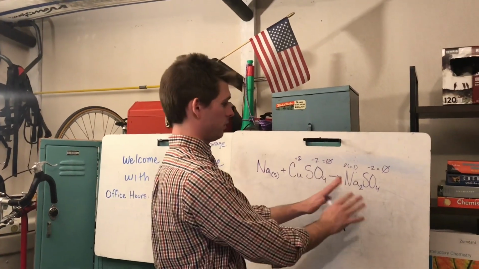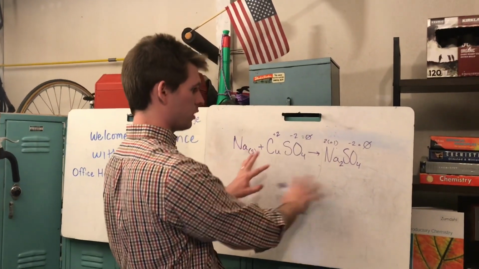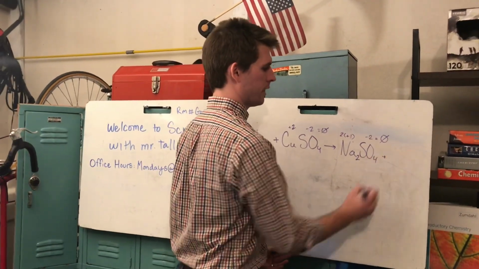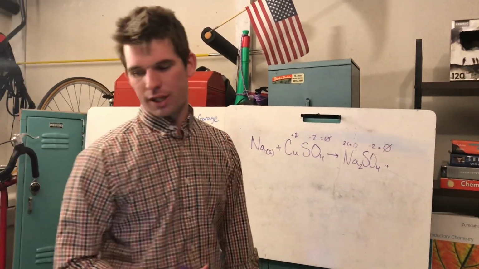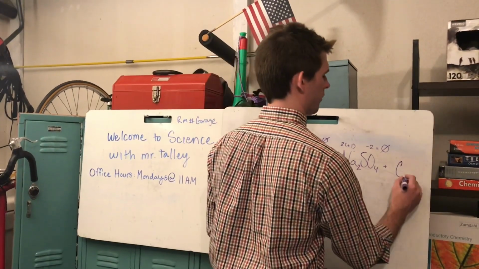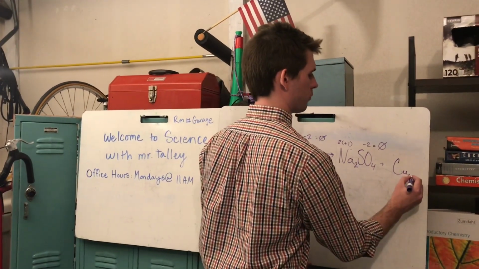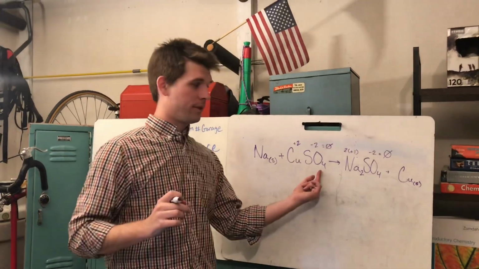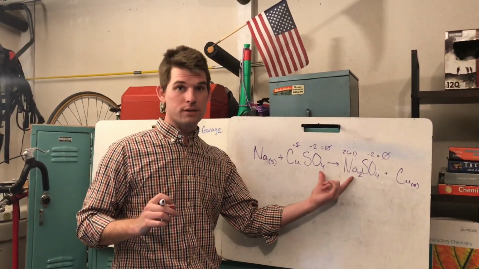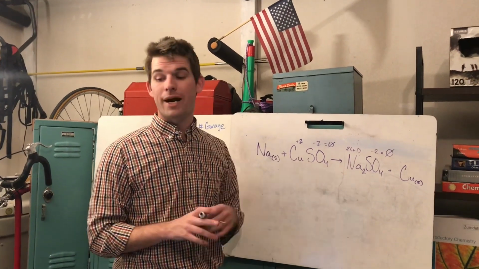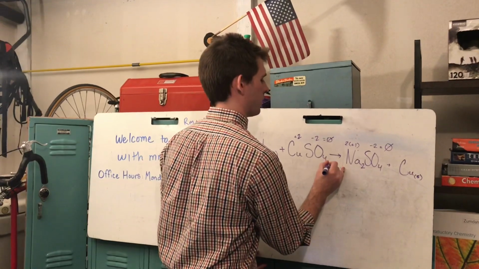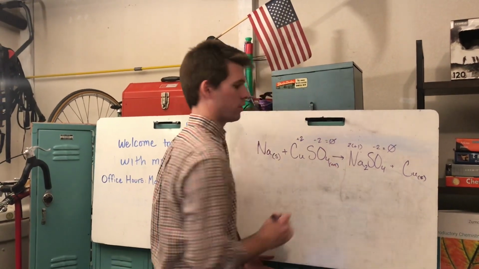We don't look at any of the subscripts over here, we look at the charges, and that's how we figure it out. And then there's one more product, and that's gonna be the solid copper. And so we'll have copper solid. And to tell me if either of these are aqueous or solid, you'd have to look at your cheat sheet and check the solubility tables.